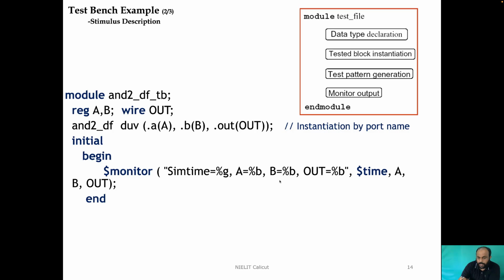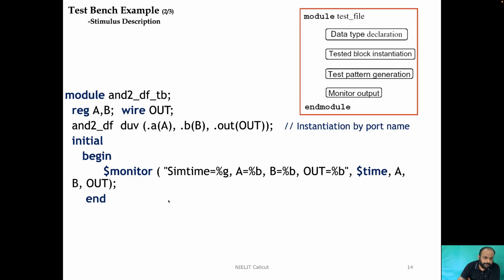A comma should appear and b equal to will be printed, then the binary value returned by the variable b. Then comes a comma, out equal to will be printed, and the binary value returned by out will be printed. So here %b means expect a binary value. If you had given %d, it will print the value in decimal. %g means time value, %o means value in octal, %h means value in hexadecimal, and so on.